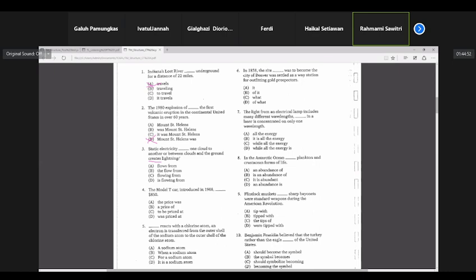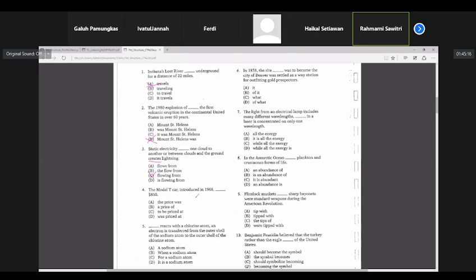But then, which one? Here we have static electricity flowing from one cloud to another or between clouds. That is C. And then number 4 we have Muhammad Suryadiharja. Yang B, ma'am.